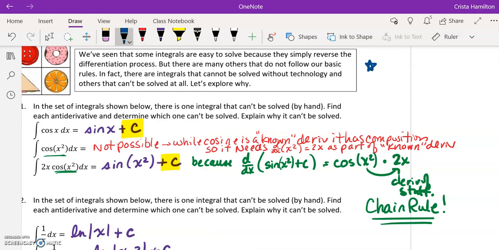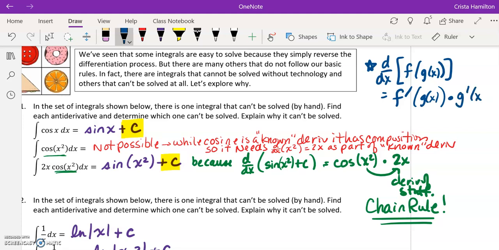When you are doing the derivative with respect to x of something that is f of g of x, you remember our chain rule problem, you take the derivative of the outside function, leaving the inside function there, and then you multiply by the derivative of the inside function.